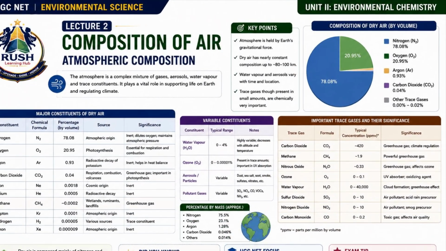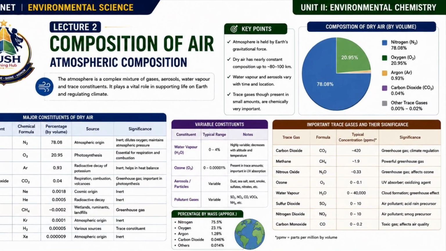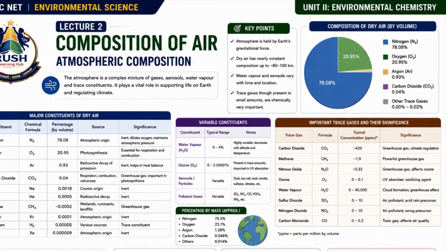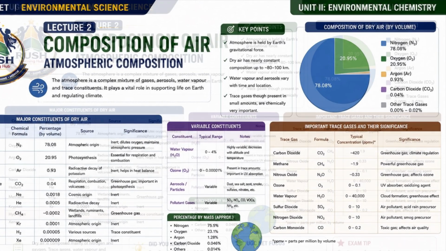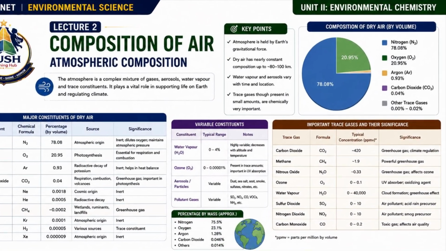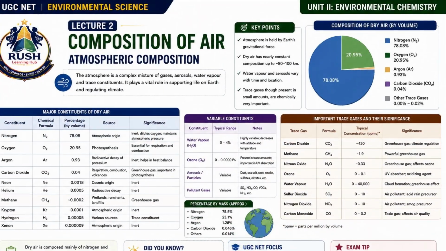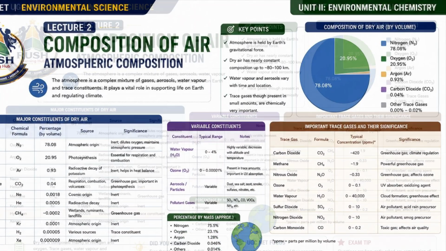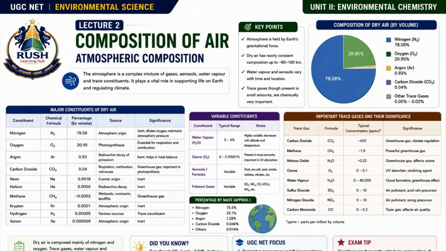It is held around Earth by gravitational force and serves as a protective shield that supports life. The atmosphere regulates climate, provides oxygen for respiration, supplies carbon dioxide for photosynthesis, protects us from harmful solar radiation, and maintains suitable environmental conditions for life.